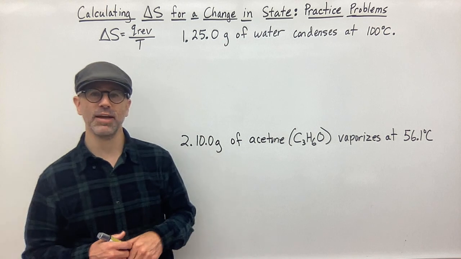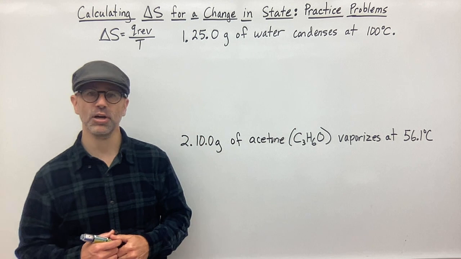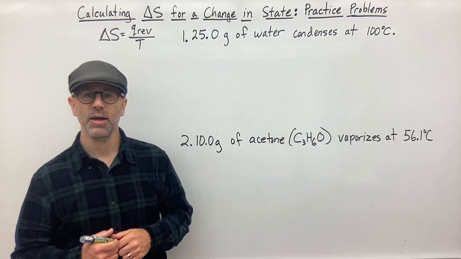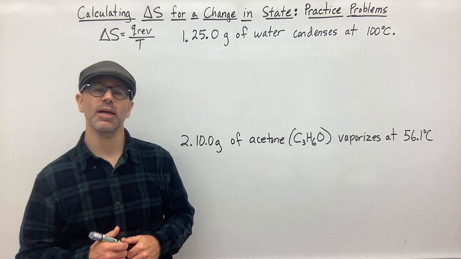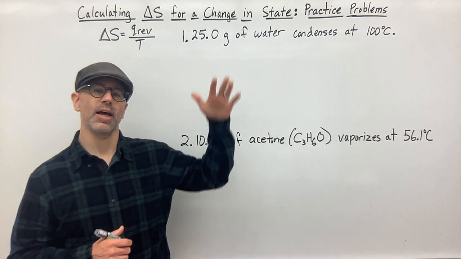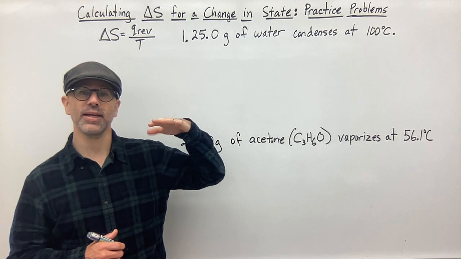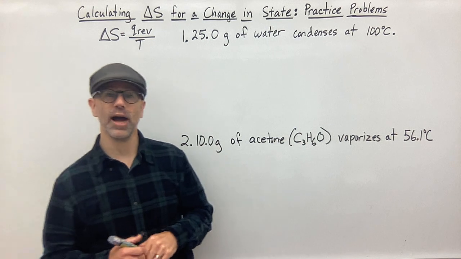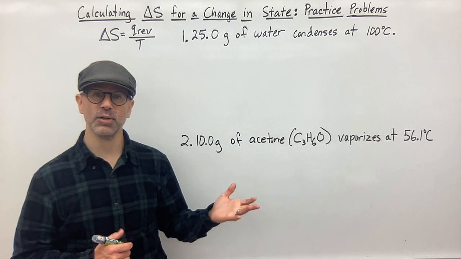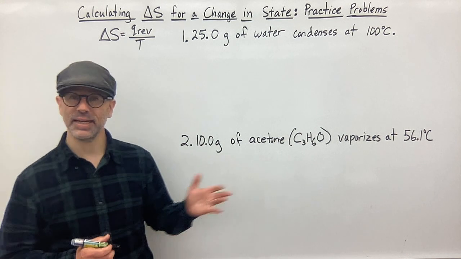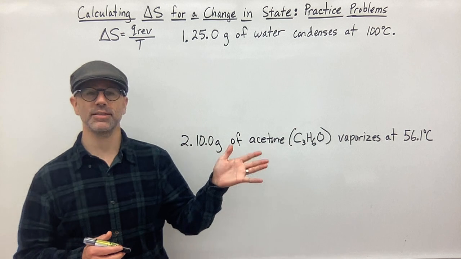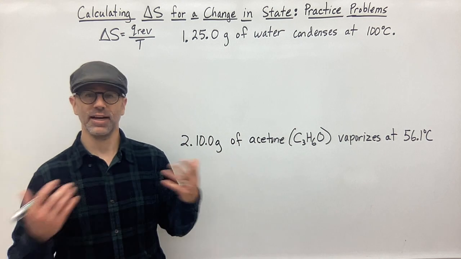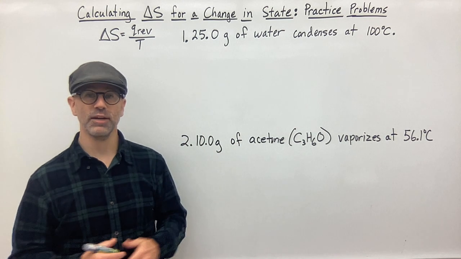If I have superheated water vapor, maybe at 120 degrees, and I start to cool it down, at 100 degrees the condensation process starts to begin. Or I could have liquid water at 90 degrees and raise the temperature to 100 degrees, and then at 100 degrees it would start to boil and vaporize.